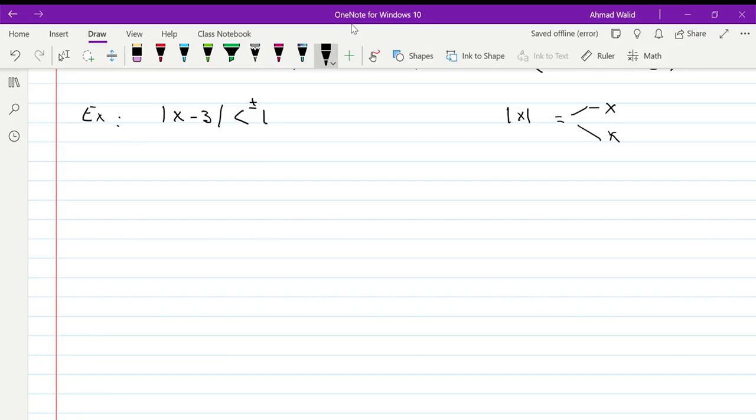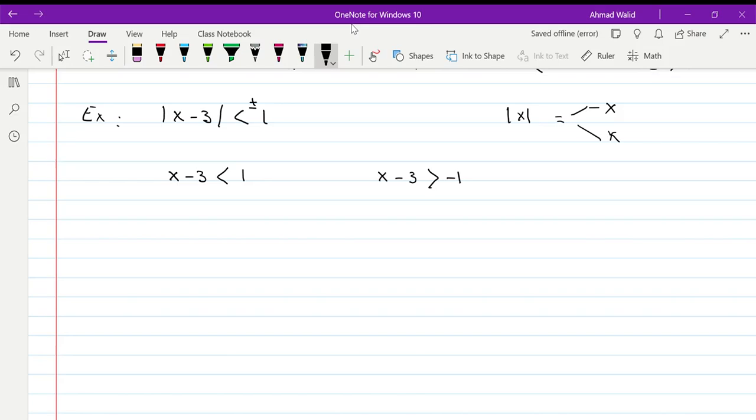Remove the absolute value sign. It means write x minus 3, use the positive side of the number, but here you're using less than positive 1. This will be one of your inequalities. The other one, x minus 3, but for this one use a greater sign and use the negative side, negative 1, and solve both of them.